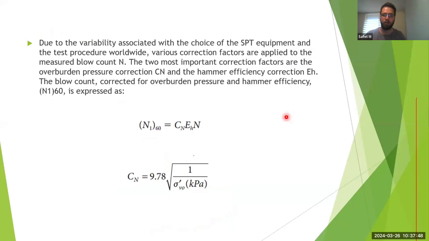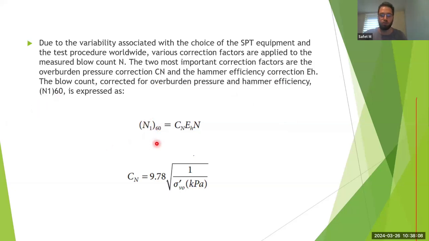The two most important correction factors are going to be overburden pressure correction, CN, and the hammer efficiency correction, EH.